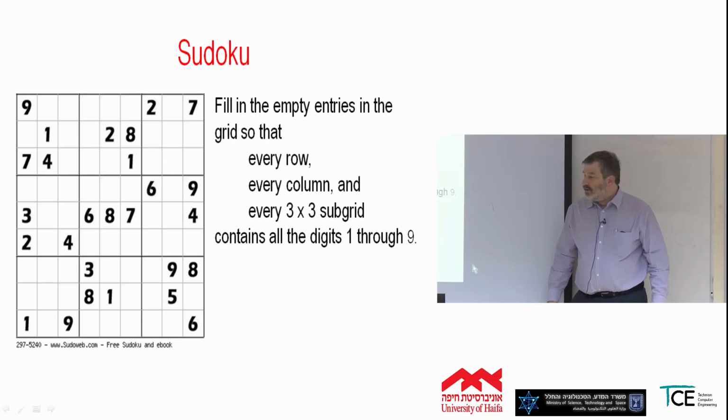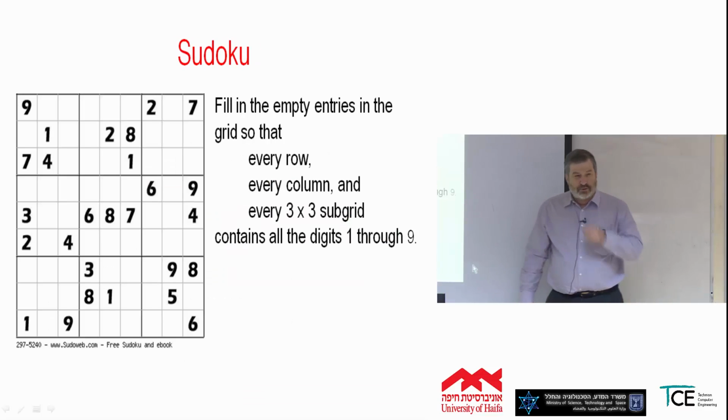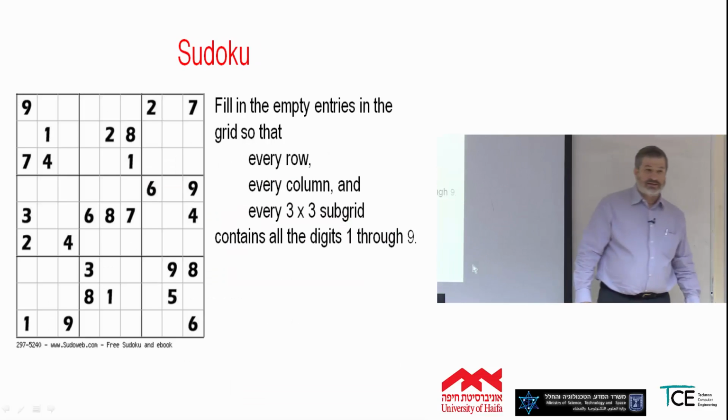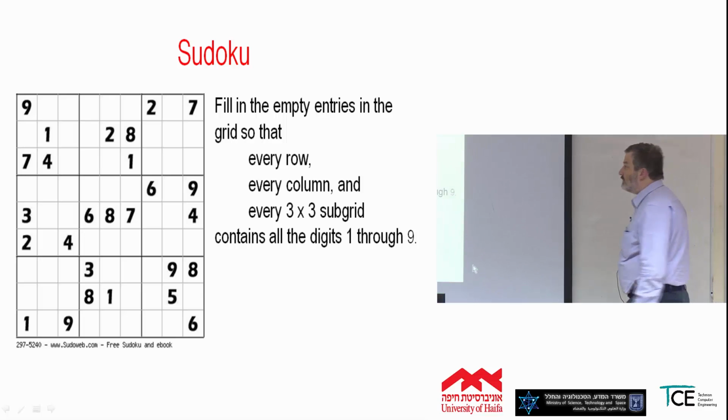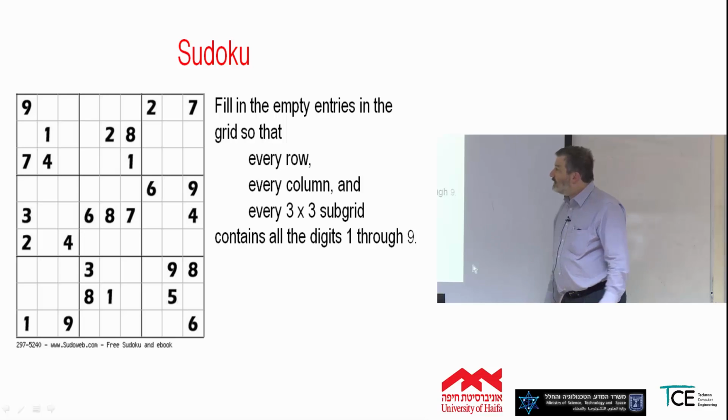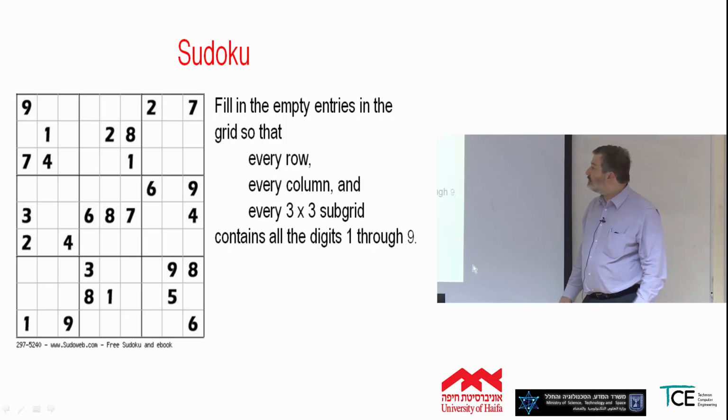Okay, so what is Sudoku? Well, I assume most of you know. It's a puzzle that often appears in newspapers. Not that old, I guess it became popular like 6 or 7 years ago. You have a 9 by 9 grid.